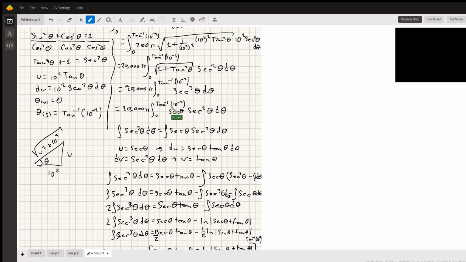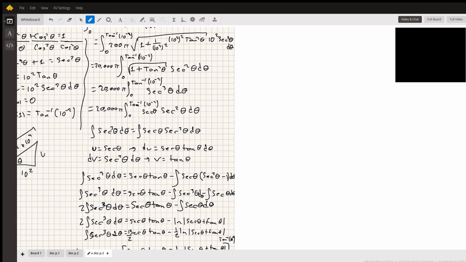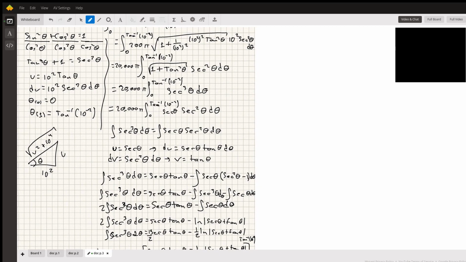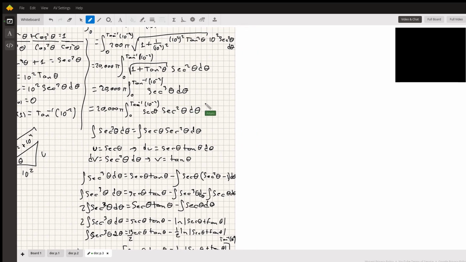Okay, so in this page, I did trigonometric substitution. I used the identity tangent squared theta plus 1 equals secant squared theta. I did another substitution to put that 1 over 10 squared u squared, I believe.